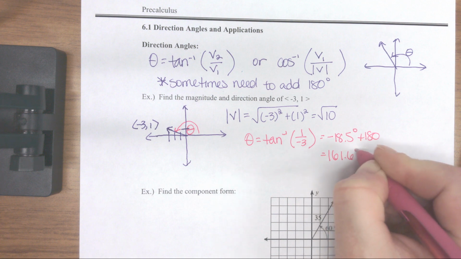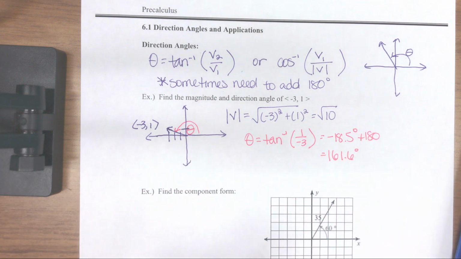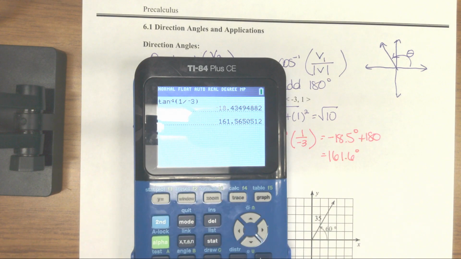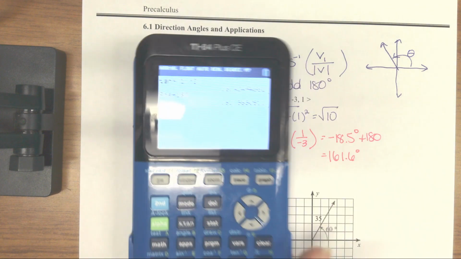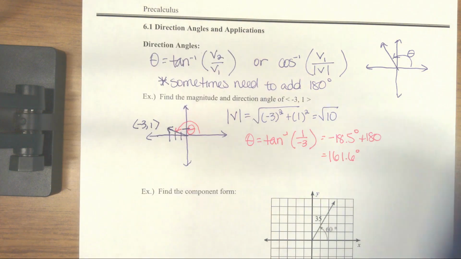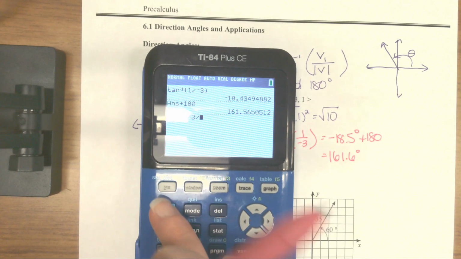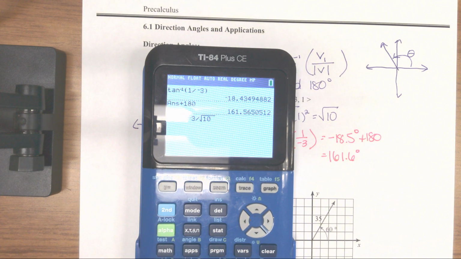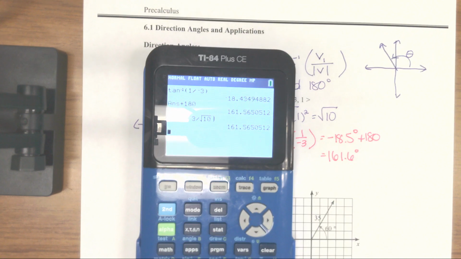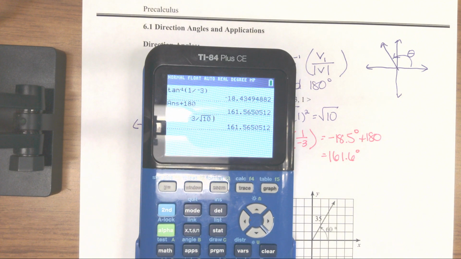If the vector was down here, I would be in the right spot. Just so we're clear, in this one, like I said, cosine inverse would work. What is it? -3 divided by square root of 10. So do you see how with cosine, you don't have to add 180? That's not always the case, it just depends on where the position is.